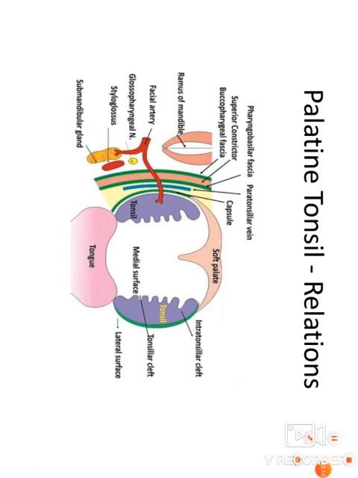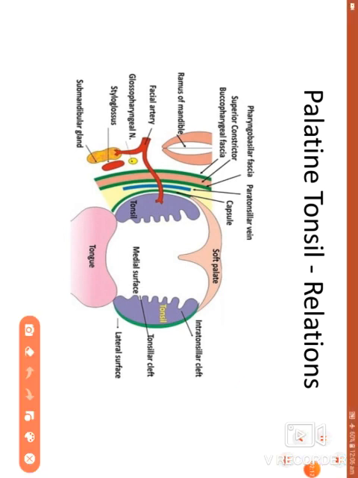Then coming to the relations of the tonsil. Here in this figure you can see the anterior aspect, the posterior, and the lateral. The oral cavity leads into the oropharynx. On the lateral aspect, the purple color region is the tonsil.